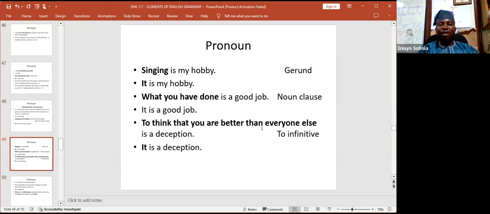To think that you are better than everyone else is a deception. This is a to infinitive. Here we can have it is a deception, whereby it as a pronoun replaces the to infinitive, to think that you are better than everyone else.